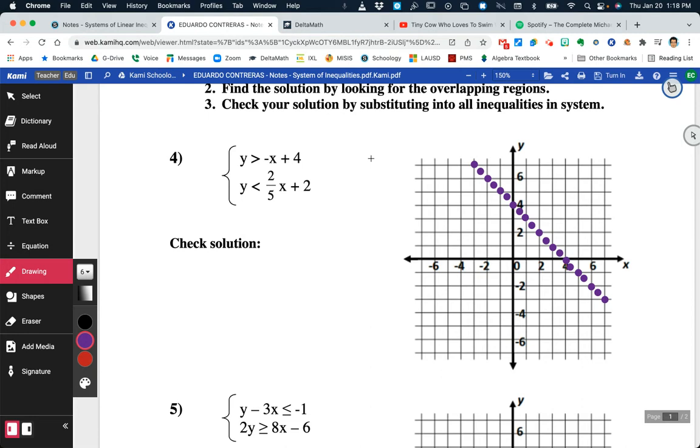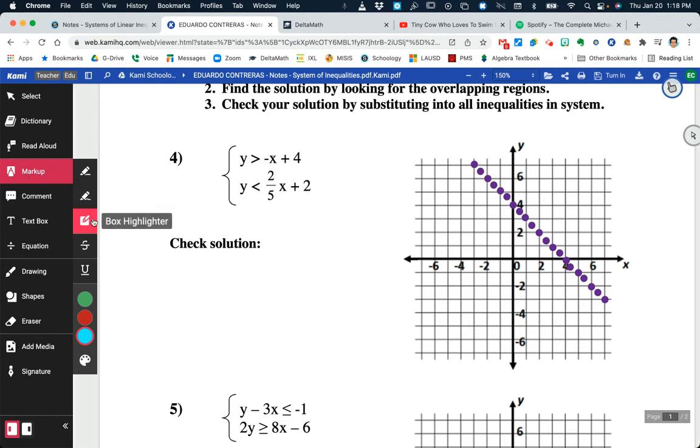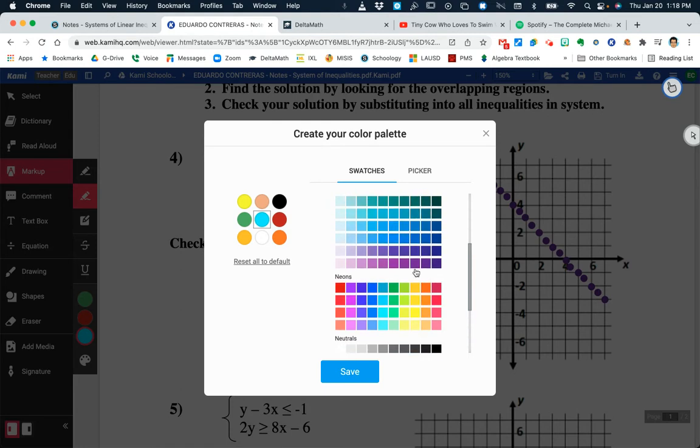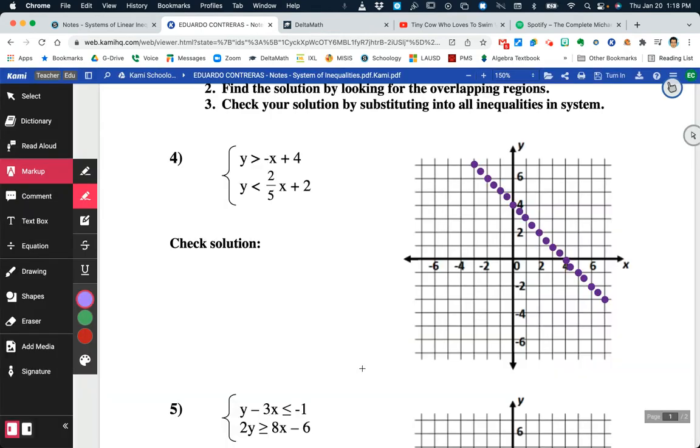The way we're going to shade it is go to the markup tool and pick free highlighter. I'm going to see if I can match that purple. Okay, that's kind of a lavender. That'll work. Now on this side, let's shade all that in.